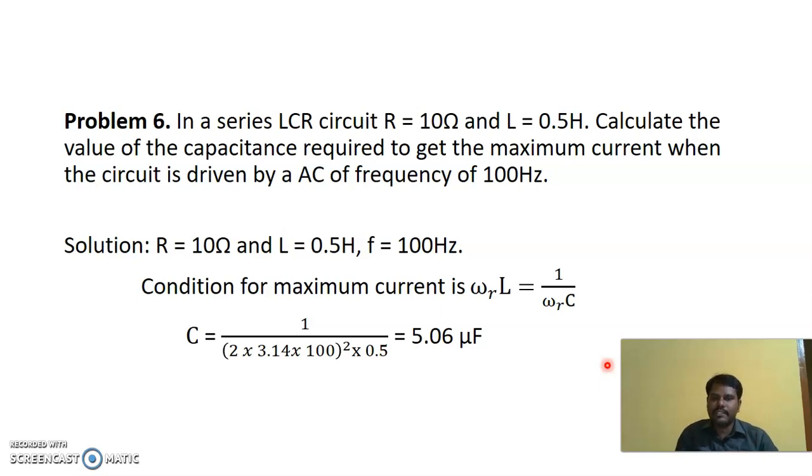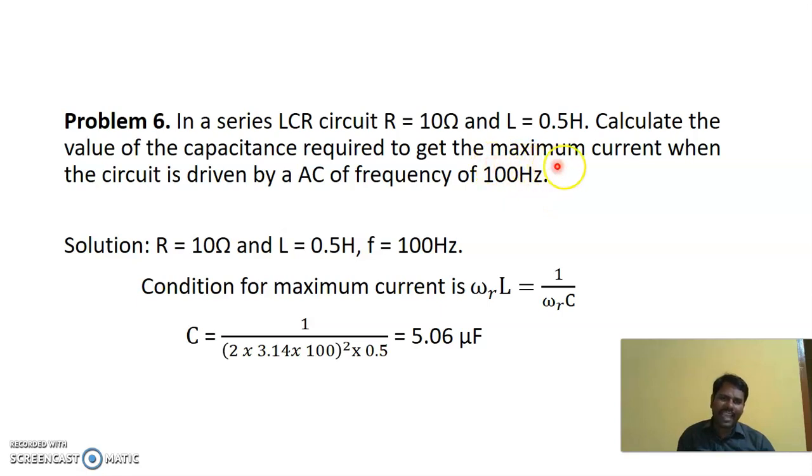Problem number 6. In a series LCR circuit, R is equal to 10 ohm and L is equal to 0.5 Henry. Calculate the value of capacitance required to get a maximum current when the circuit is driven by an AC of frequency 100 hertz.